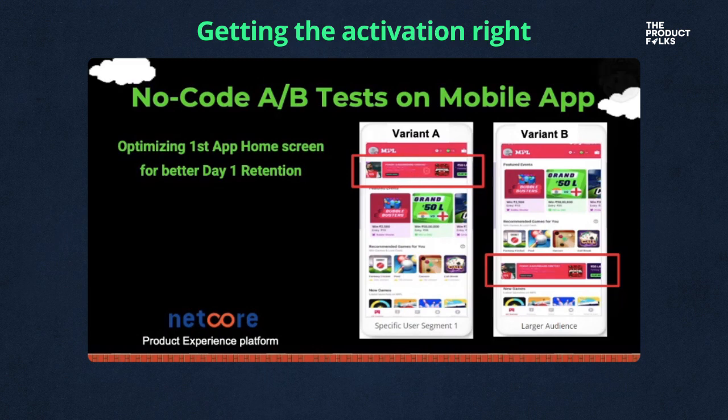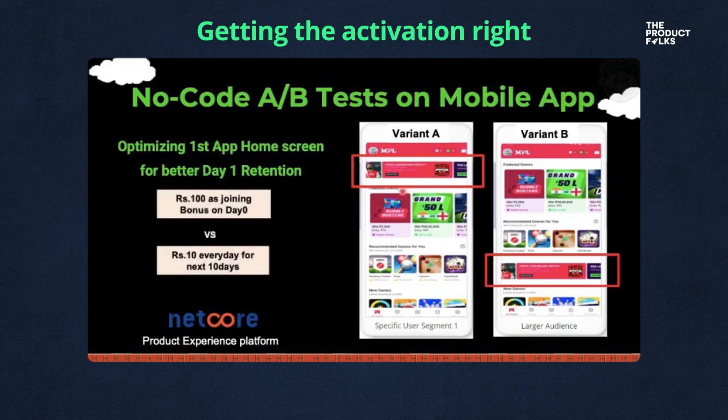Variant one has the banner at the top, and variant two has the banner at the bottom, and you could test this and see what gets you better clicks or better performance. MPL tried this out and saw different results, and then made sure the best one got implemented for all the users who came onto the platform.